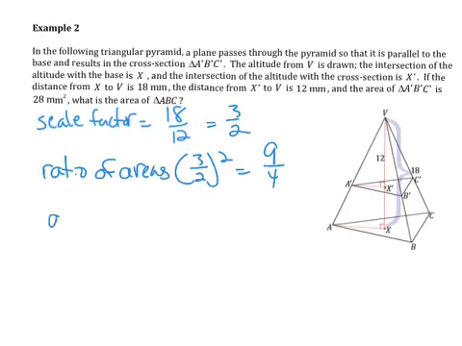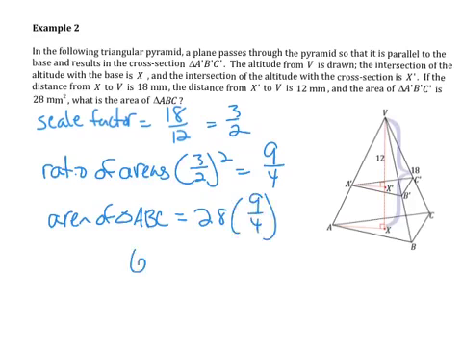So the area of ABC is going to be the area of the smaller triangle, which is 28, multiplied by 9 over 4. That ends up being 63 millimeters squared.